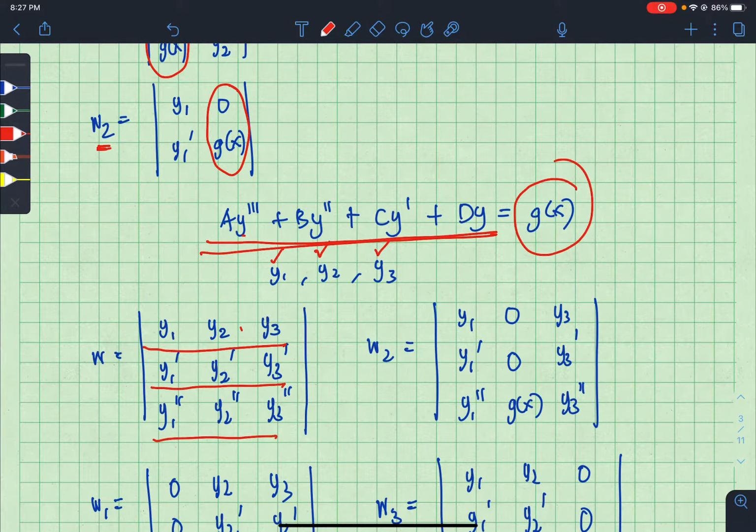So y sub p then would be negative 1 half t squared e negative t ln t plus 1/4 t squared e negative t plus t squared e negative t ln t minus t squared e negative t.